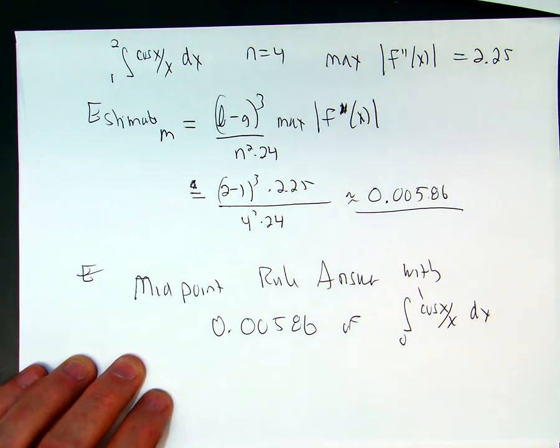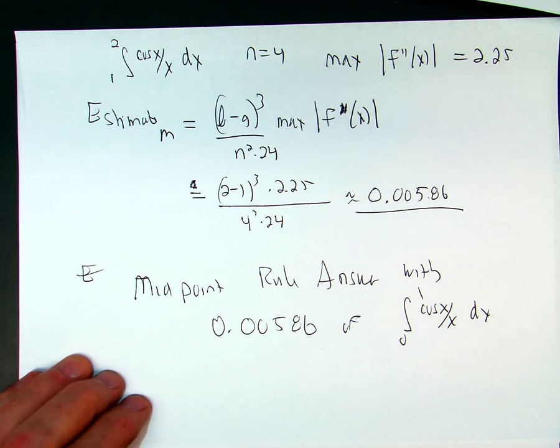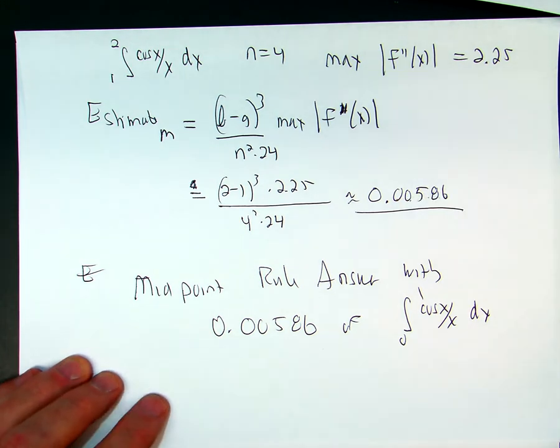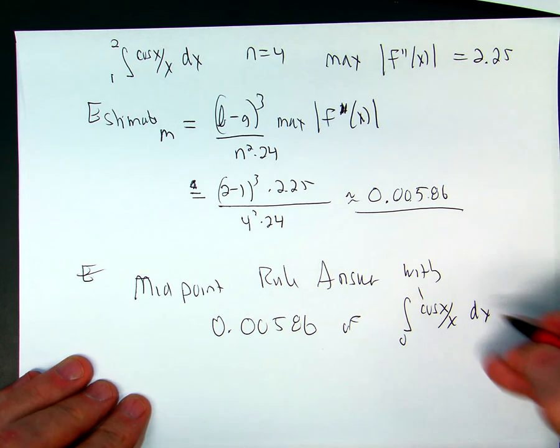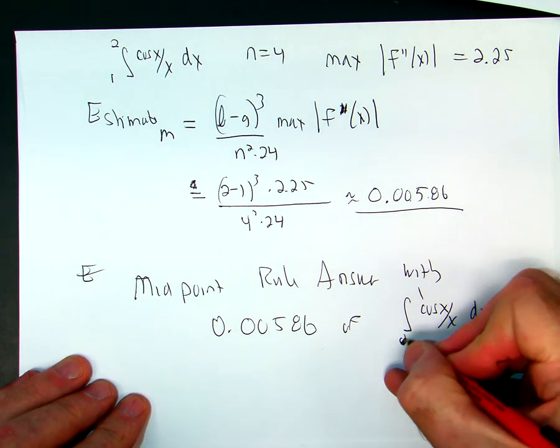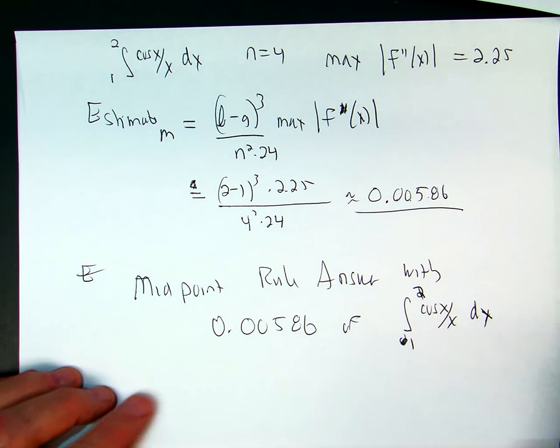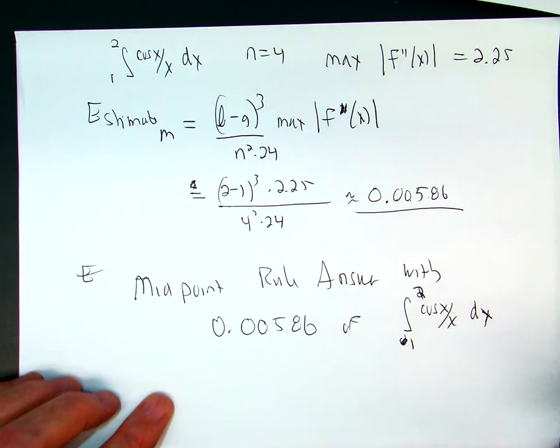I mean, that's like 5 parts in 1,000. Not too bad. 1 part in 200. Oh, sorry, this was 1, 2. Not too bad. We'll come back and look at that.